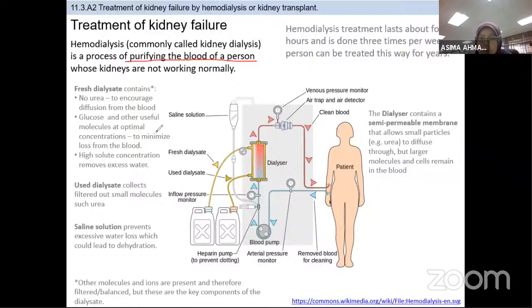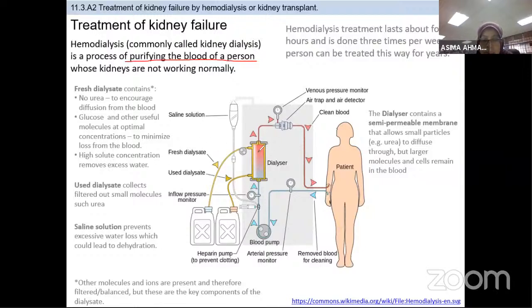We don't want to lose all of these useful substances, so that dialysate tu kena ada about the same concentration as the blood, so that this will minimize the movement of glucose and other useful substances into the dialysate. And then next is high solute concentration, to remove excess water.